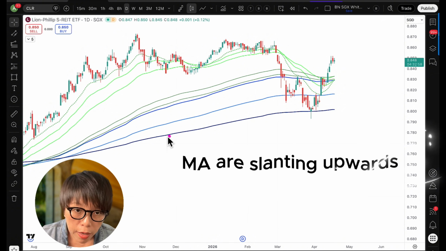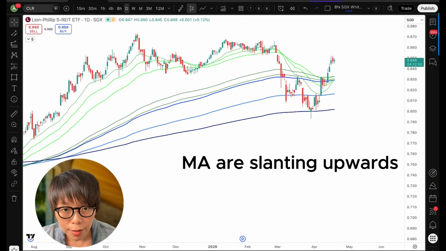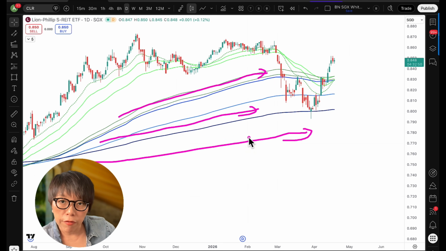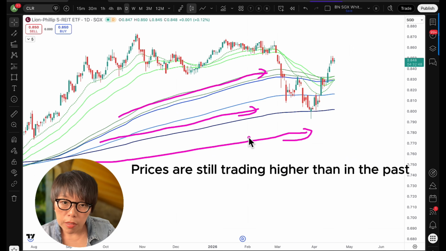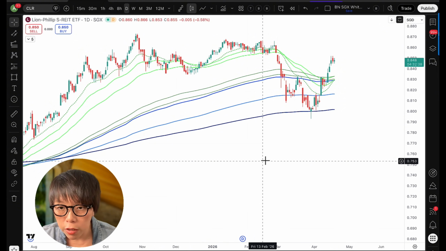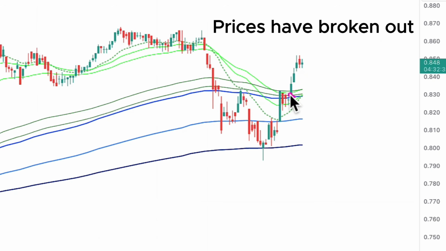However, the moving averages are generally still slanting upwards, you see, slanting upwards. This is what I mean by slanting upwards. That means that over a period of time, the prices at this moment here, despite dropping, are still trading at a higher average than in the past. So this is what we understand from the moving averages: currently the prices have broken out.